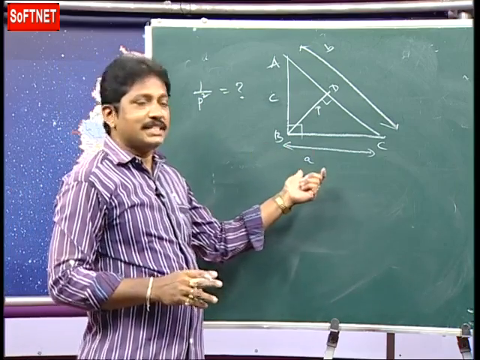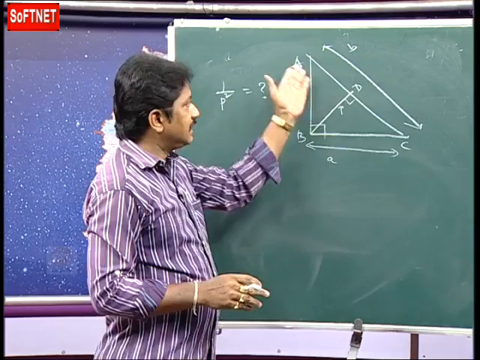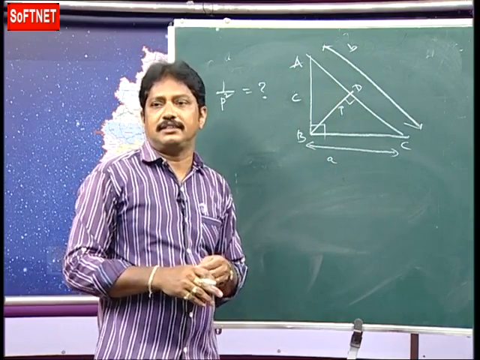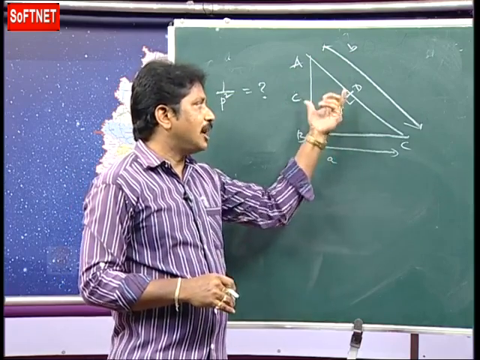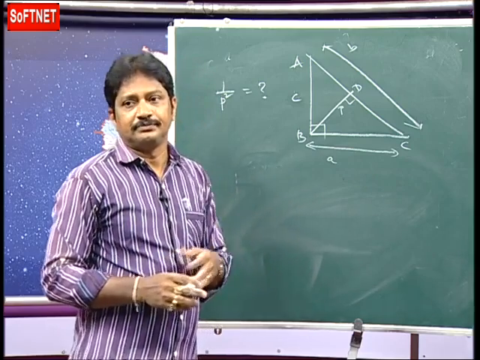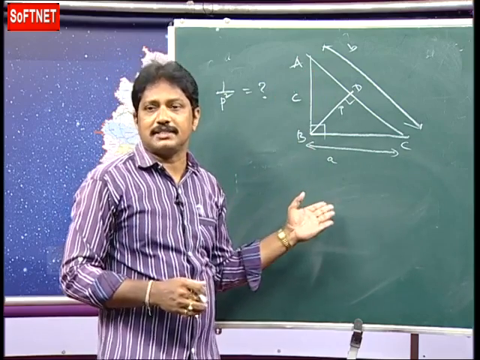The length of BC is a units, the length of AB is c units, and the length of AC is b units. In general, we follow the notation that we represent the side opposite a vertex with the same small letter. So BC is opposite to the vertex A, so it is represented by small a.